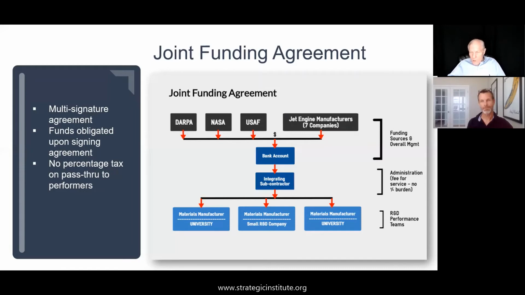The governance structure of industry was decided by the industry members themselves, and the vote that they got was based on their financial contribution. There was no tax on the flow through of funds from the companies and government down to the performers. Rather, the integrating subcontractor was on a fee-for-service basis. The industry guys cared how their money was spent.